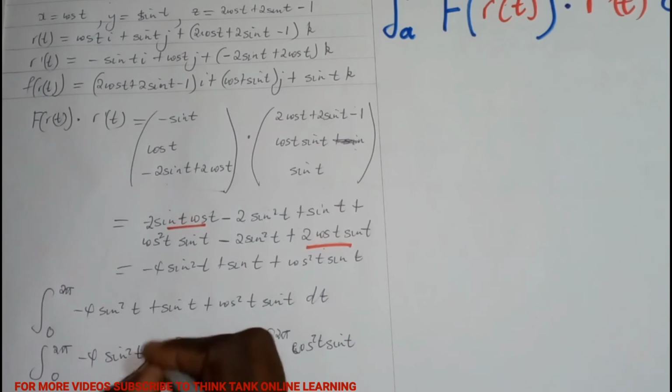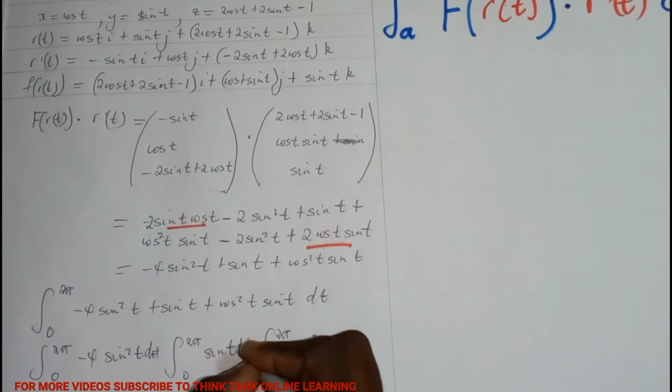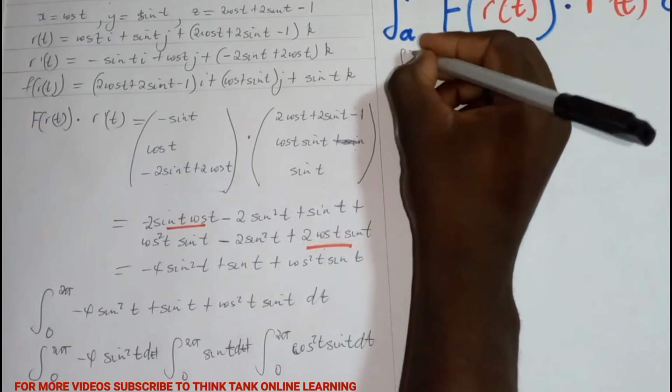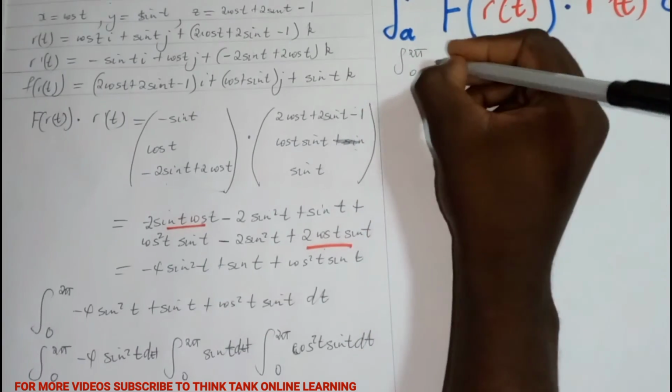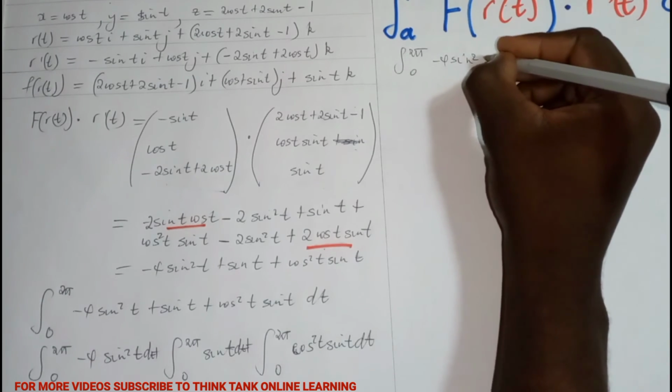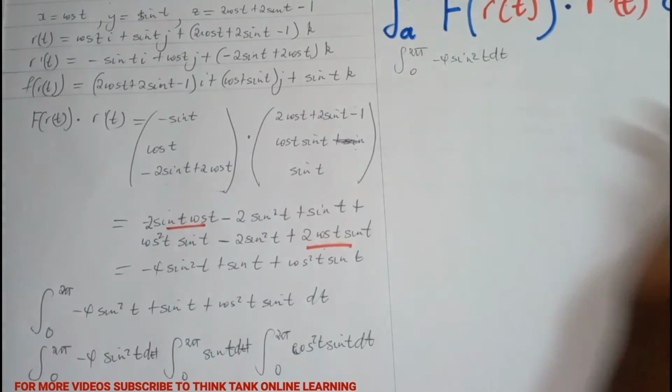I was supposed to say dt here, dt here, dt here. For the first part, we have the integral from 0 to 2 pi of negative 4 sine squared t dt.